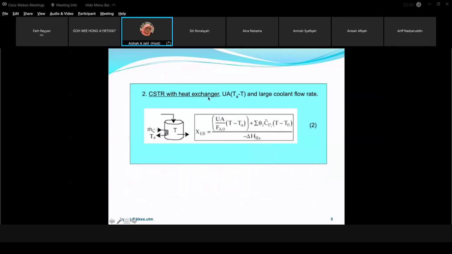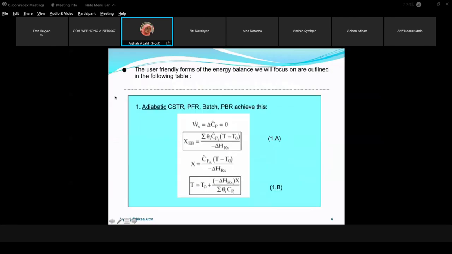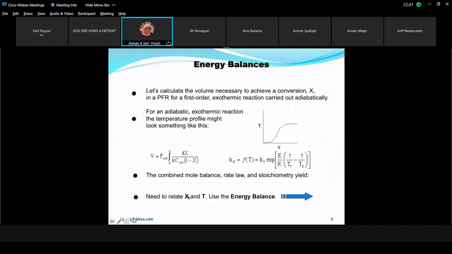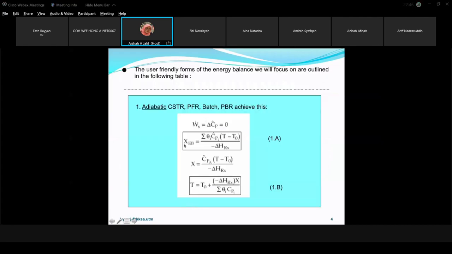Because here we have the heat exchanger. We have to consider the heat exchanger, UA(Ta minus T). So this will not be covered in chapter 8. So just this one. The important thing in chapter 8 is that you want to relate the conversion X and the T. So when you want to get the X energy balance, you just remember this is the equation.